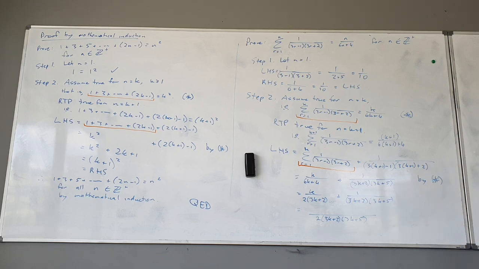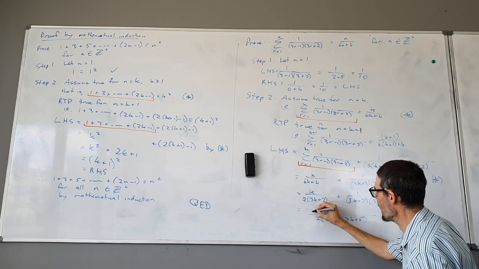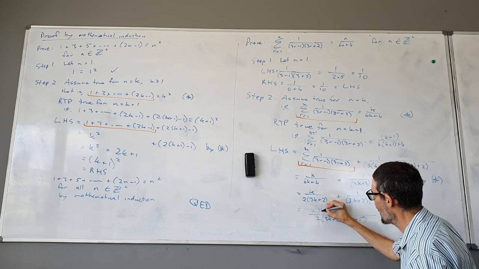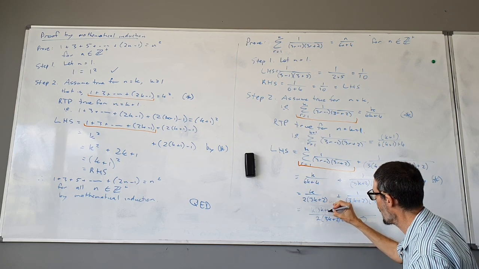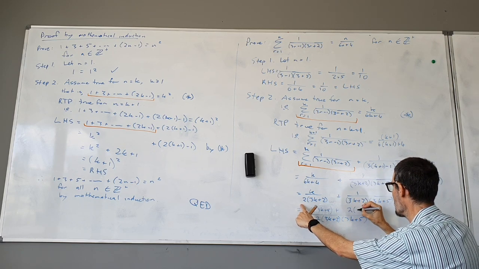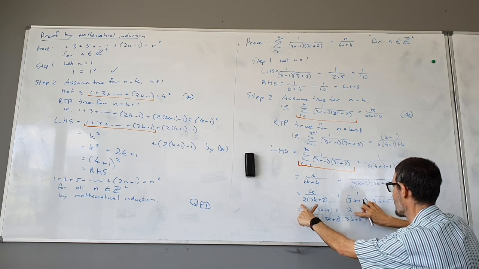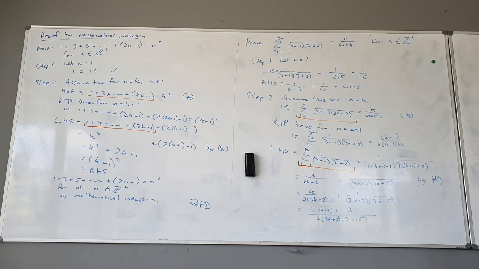I am going to run out of room, which I was hoping not to do. What goes on top? k times 3k plus 5 plus 2, in fact.